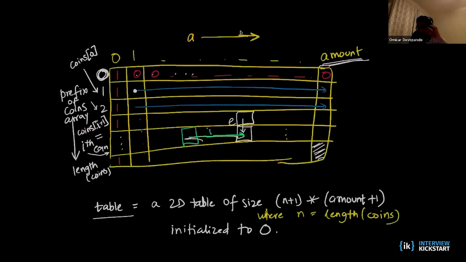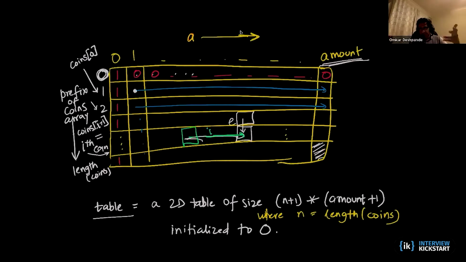What I mean is, let's say I want to find, I know this is the value I'm interested in, but my last coin has a denomination of 25 or 50. So that means this value is going to depend on a value that's far to the left. That means all of these values are never going to be used to derive my final value.